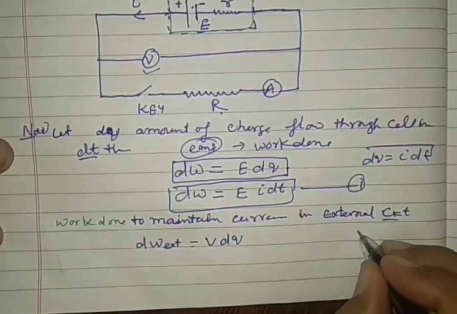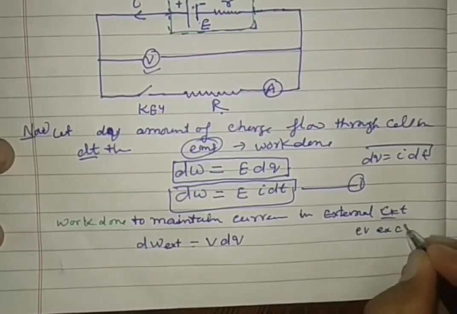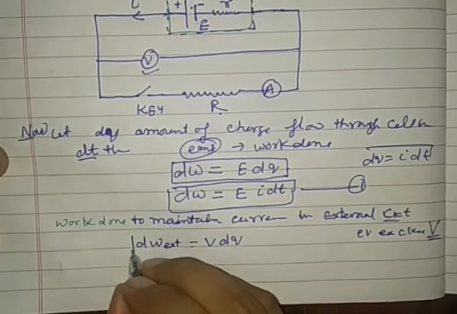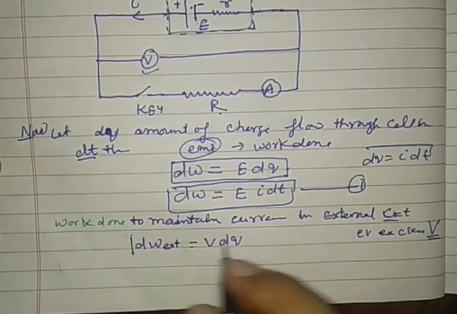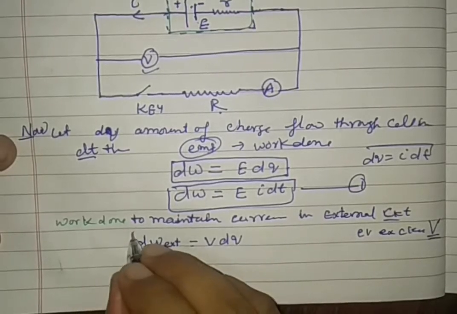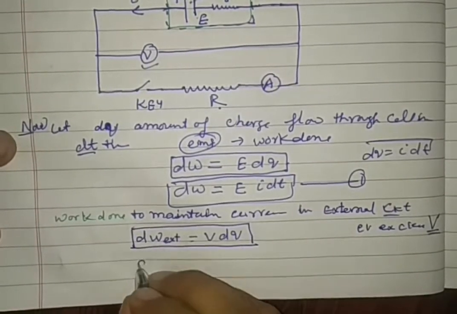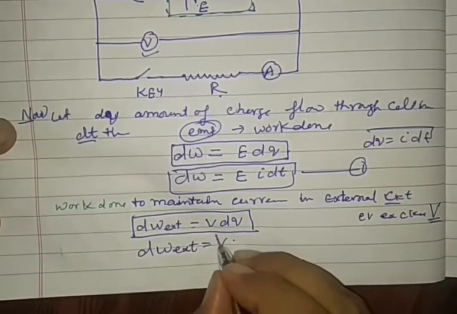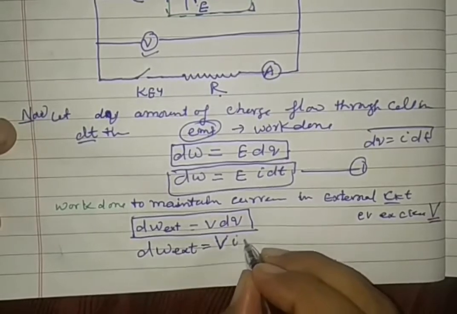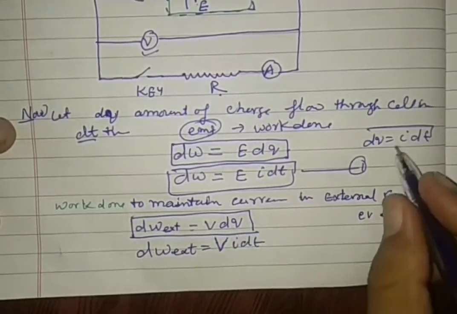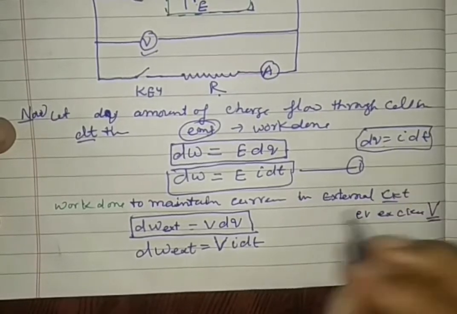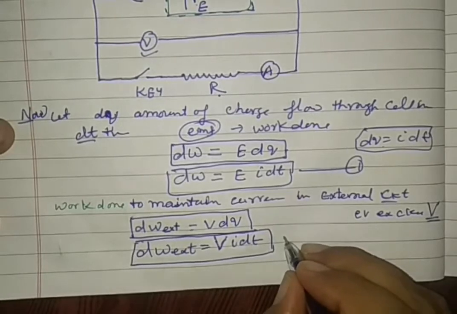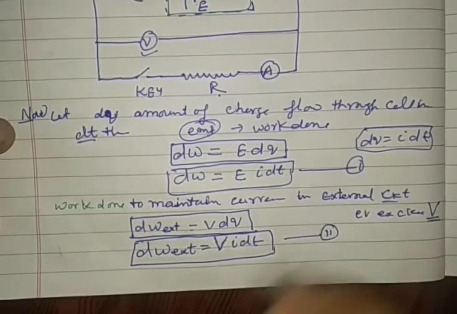Electric potential in the external circuit is let capital V, right? So we may write dW external is equal to V I dt, because dq is equal to I dt. This is the equation, which we denote by equation number 2.